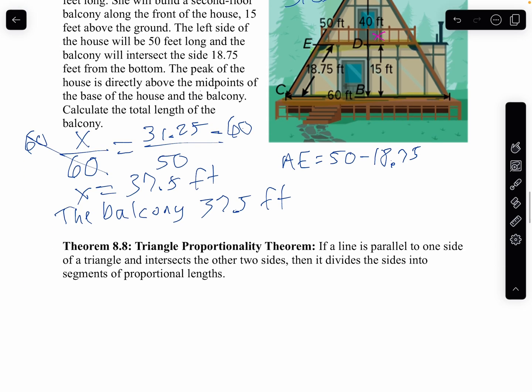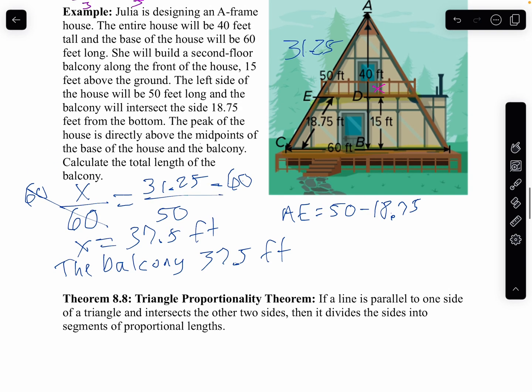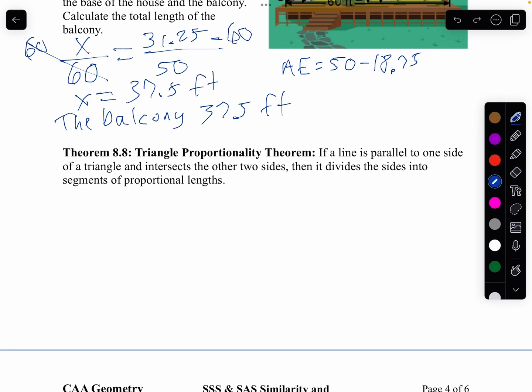Now, some of you might have noticed, geez, isn't there an easier way to do this? Well, yeah, there is. If I have a parallel line, it's going to cut the sides proportionally to one another. The key is it's got to be parallel. So let's put this in a picture.